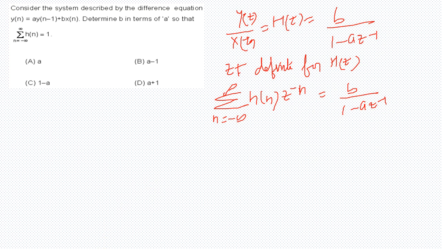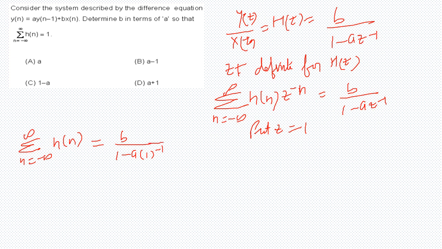I put z equals 1, and what I get is the sum of h[n], since z is 1 so it does not matter, equal to b over 1 minus a times 1 to the power minus 1. Now this is already given to us in the question as 1, so it is b over 1 minus a.